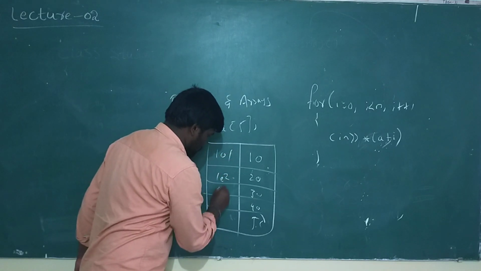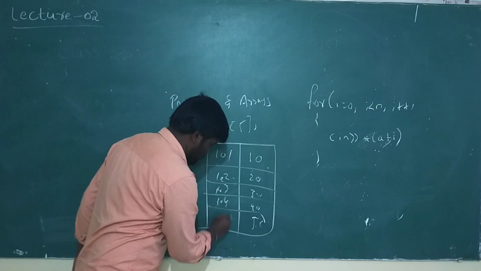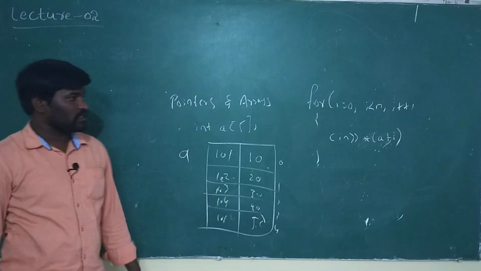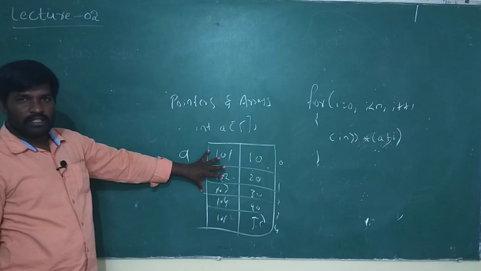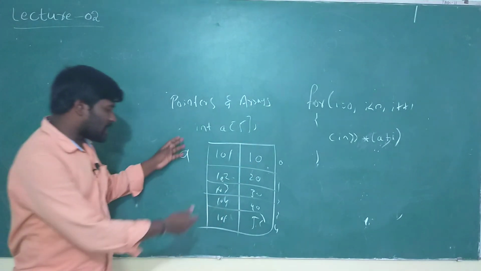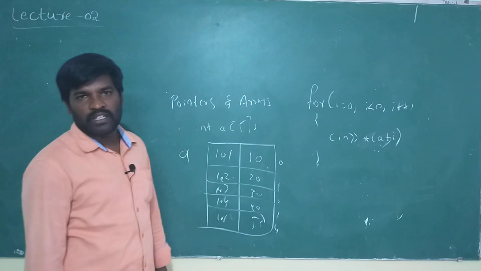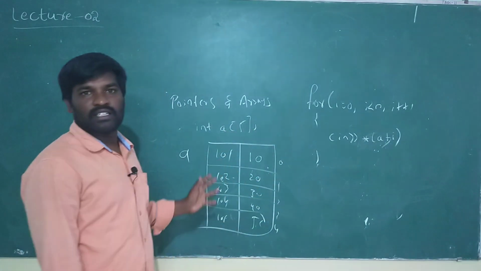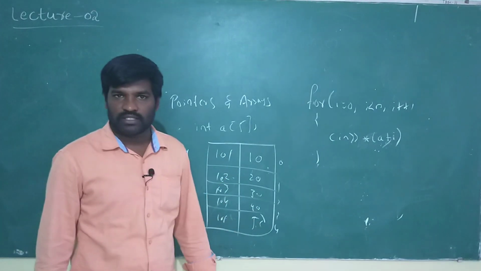The addresses are 101, 102, 103, 104 and 105. The positions are 0, 1, 2, 3, 4 like that. Okay, see here. In the normal array elements reading, addresses are not required. If it is a pointer, the addresses are very important, and these addresses are called pointer constants.